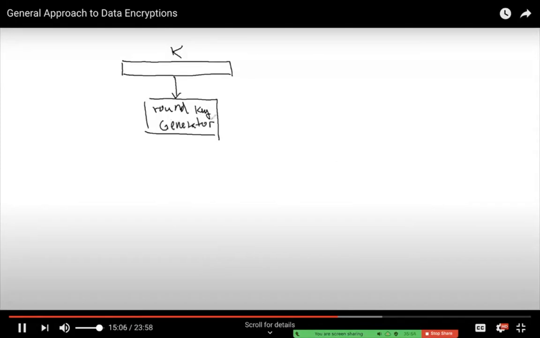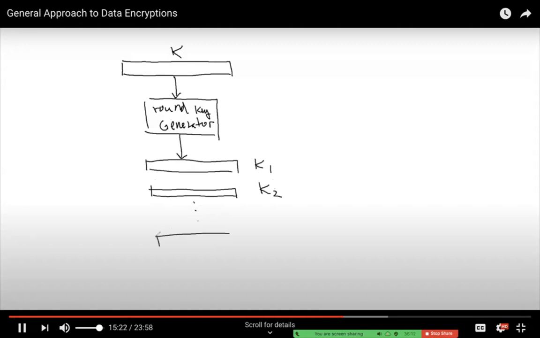And it will give K1, and then K2, and then, let's say I have n rounds, I need n subkeys.